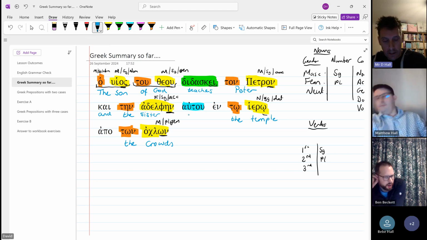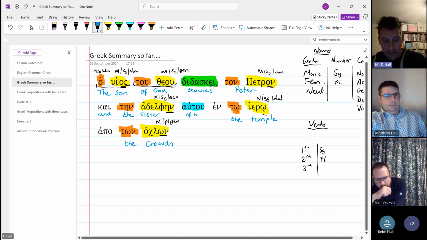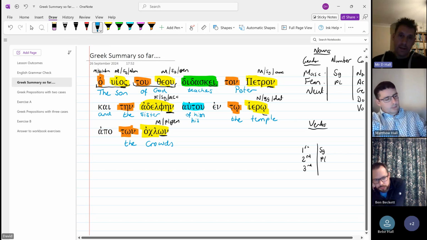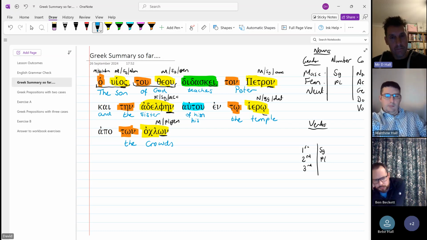In this case, the literal translation is "of him," or "his." Okay, so the sister of him, or what we would normally write is "his," and we would translate in good English: teaches Peter and his sister. Okay, that would make more sense to write it like that.